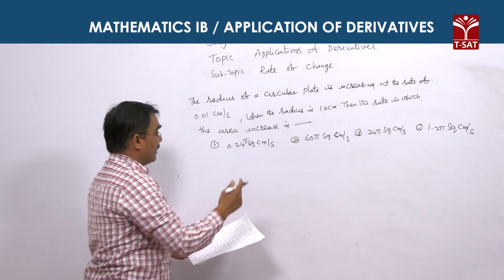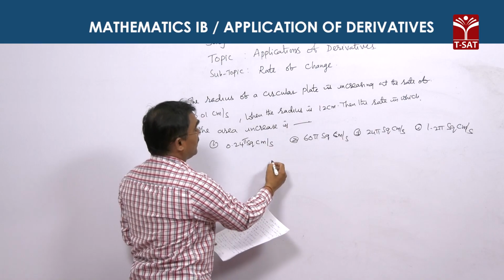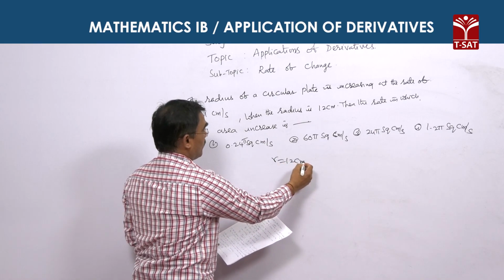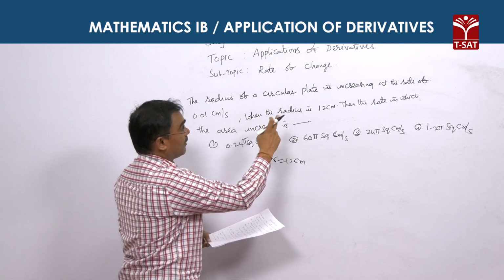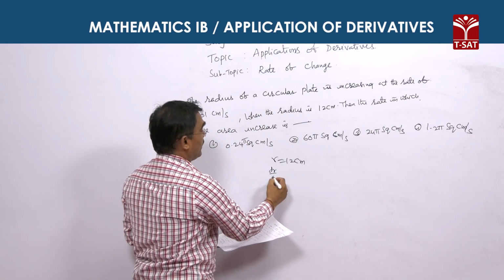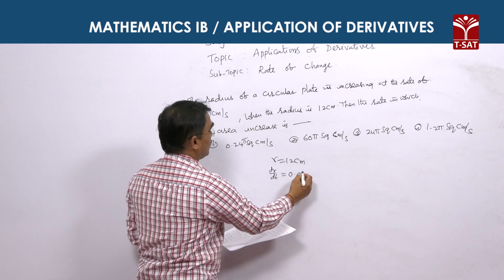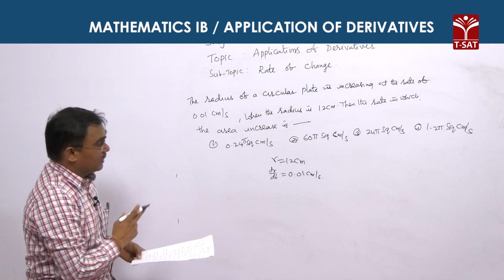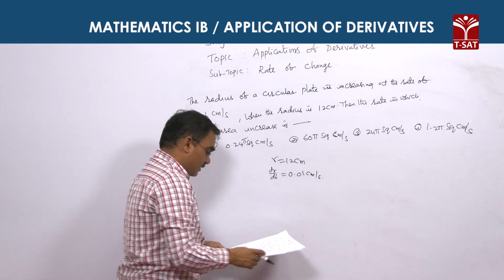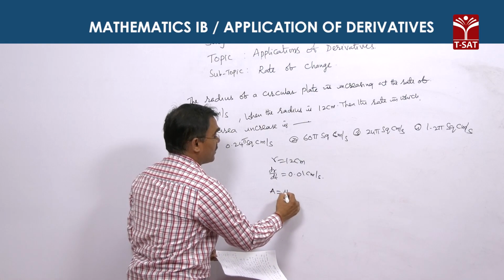What is given? The radius r is equal to 12 centimeters. The rate of change of the radius of the circular plate, dr by dt, is equal to 0.01 centimeter per second. Then we need the rate of change in area. The area of the circular plate is A is equal to pi r square.